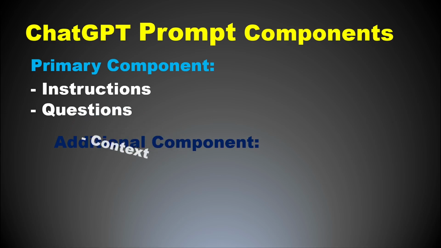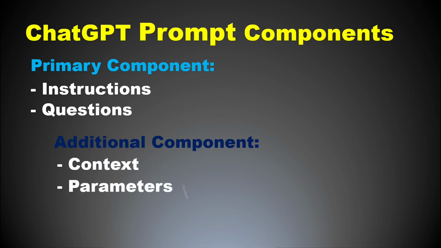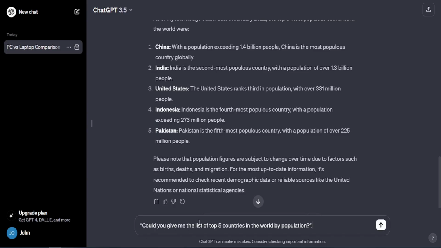Context, parameters, format. Now, let's add some format statements to the previous example. Could you give me the list of top 5 countries in the world by population? Put them in a table with 2 columns, country, population.